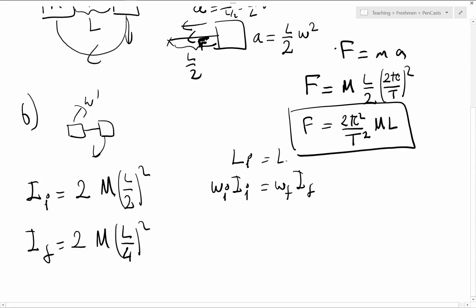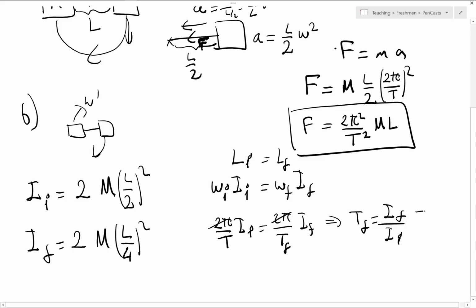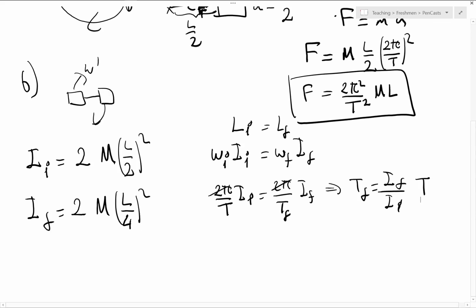Initial angular momentum is equal to final angular momentum. So let's write this as follows: 2 pi over T initial times I initial equals 2 pi over T final times I final. The 2 pi cancels. Apparently T final is I final divided by I initial times the initial period.